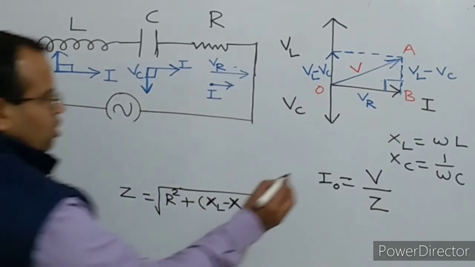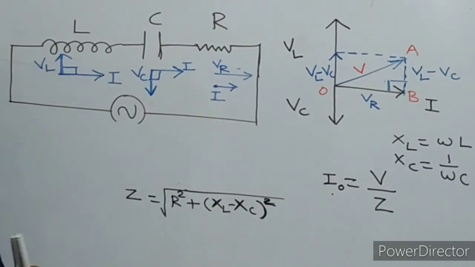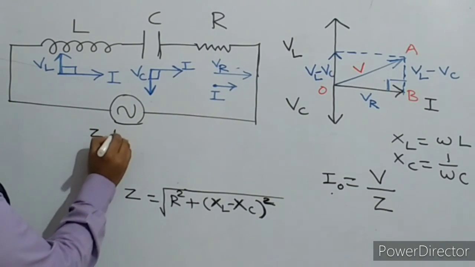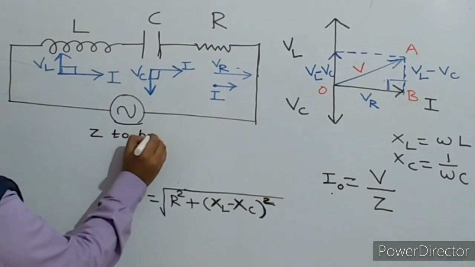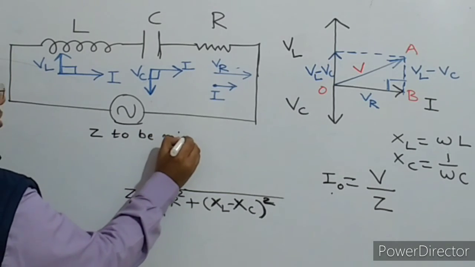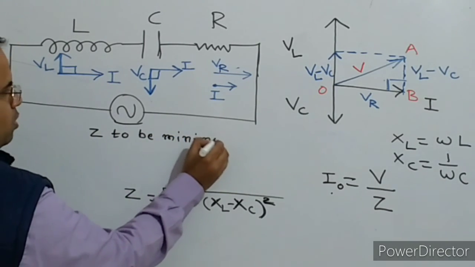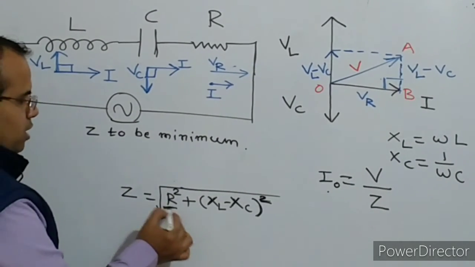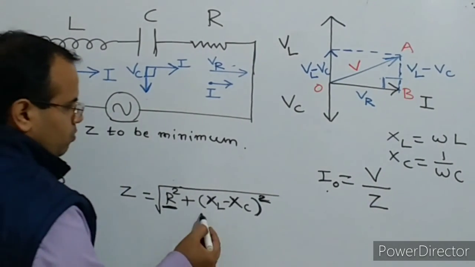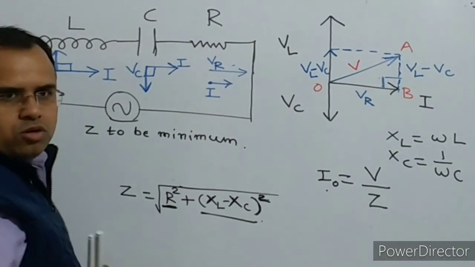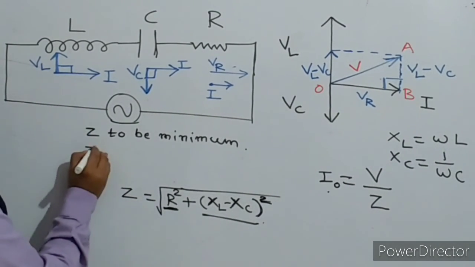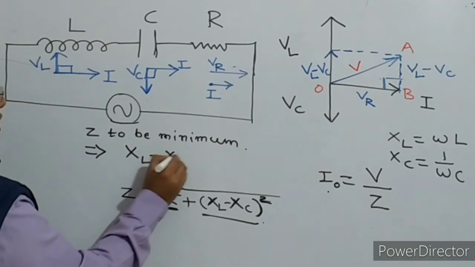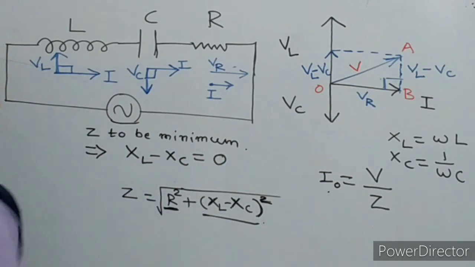So for current to be maximum, Z should be minimum, and the simplest way is, because R can't be 0, this term should be 0, and this implies XL minus XC should be equal to 0.